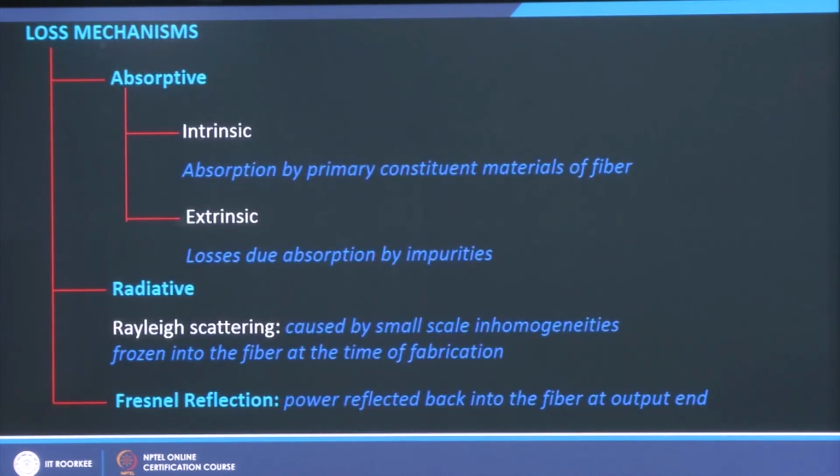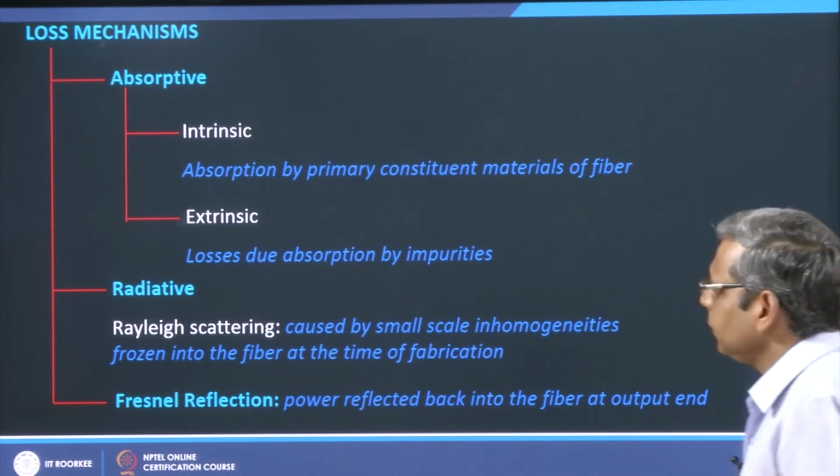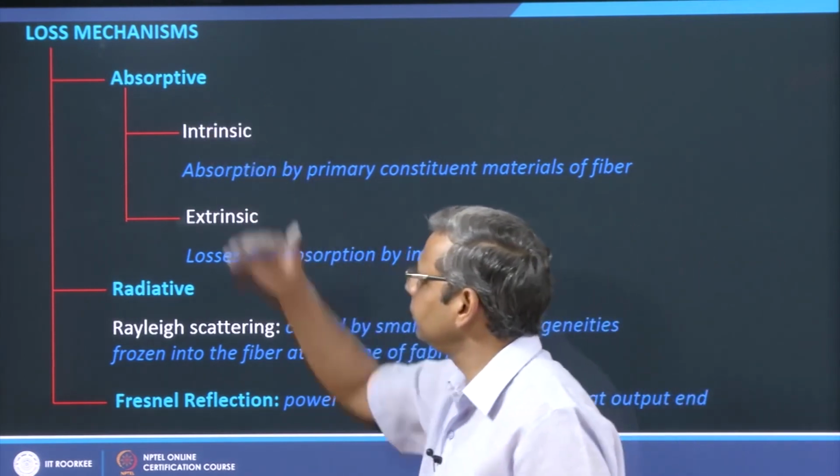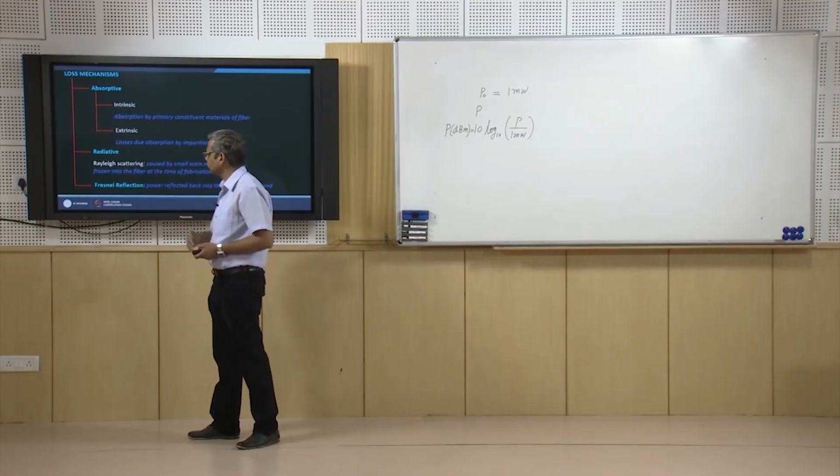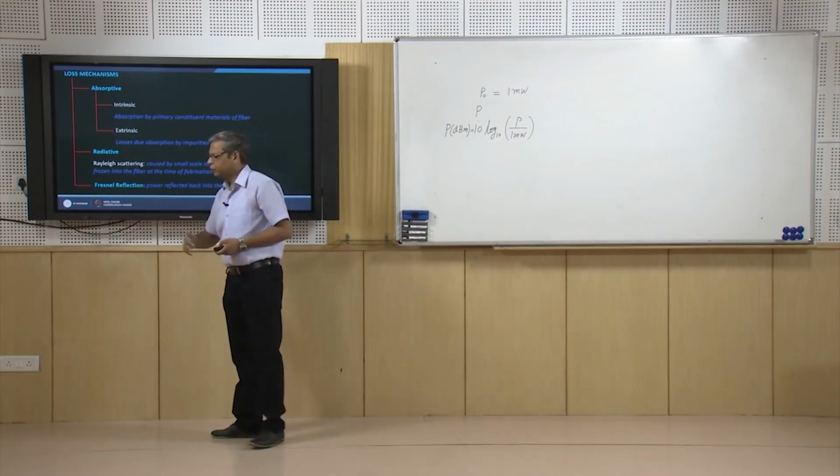Now what are the loss mechanisms in an optical fiber? What causes loss? There are various mechanisms. I can divide them broadly into three. One is absorptive, another is radiative, and yet another is Fresnel reflection.